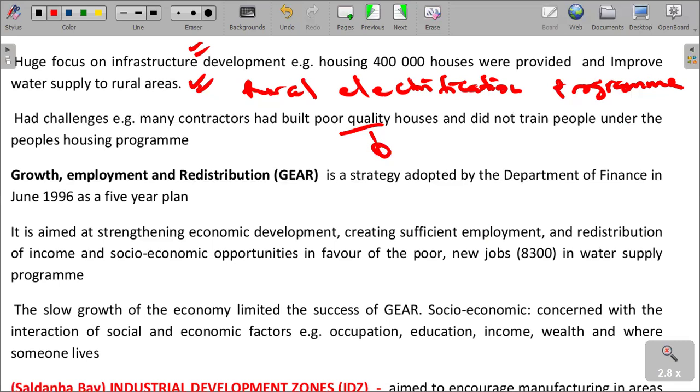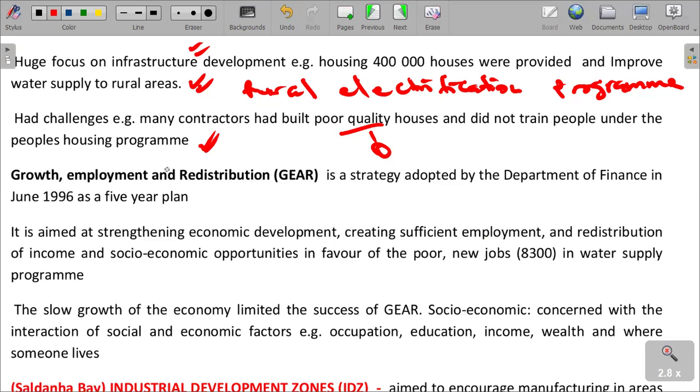It didn't bring comprehensive success because other contractors ended up providing poor quality houses and did not train people under the housing program. People who were building were employed around the various residential places and may not have had the skills or been trained. That was also a challenge.